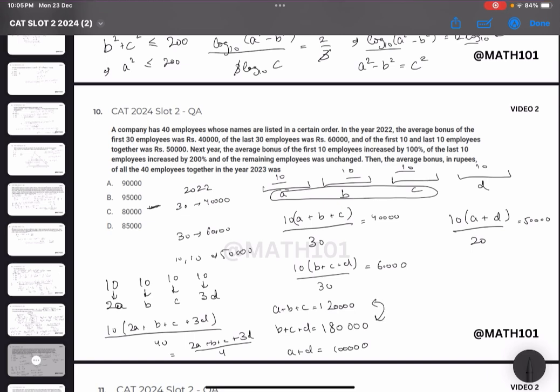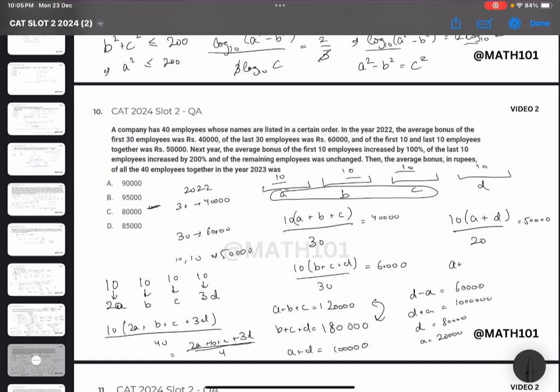Using these two equations, we get D minus A is equals to 60,000. D plus A is equals to 100,000, which means D is equals to 80,000, A equals to 20,000. We write 2A plus B plus C plus 3D as A plus B plus C plus A plus 3D.